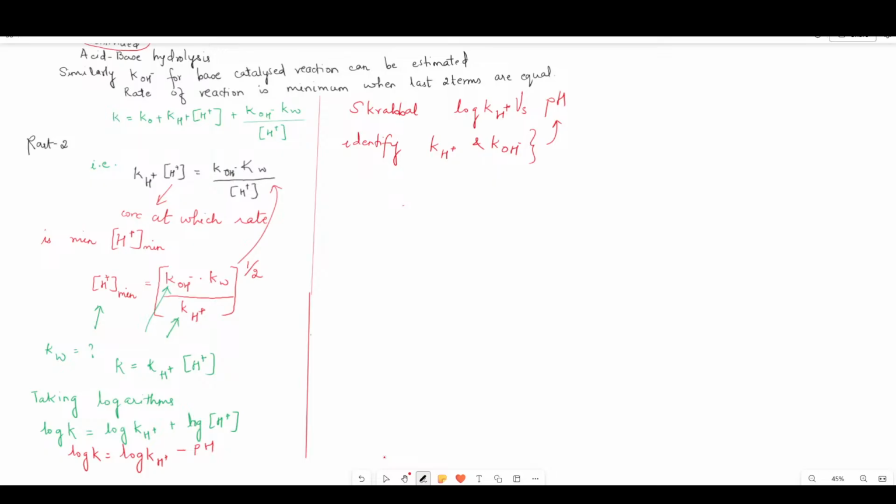So there are certain reactions which are catalyzed by H+ ions only. Let us take some examples.